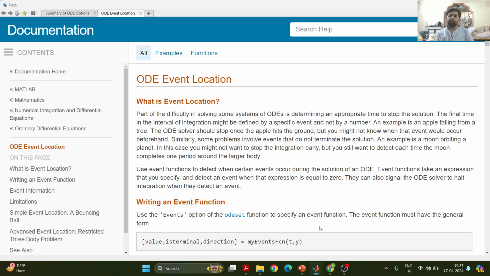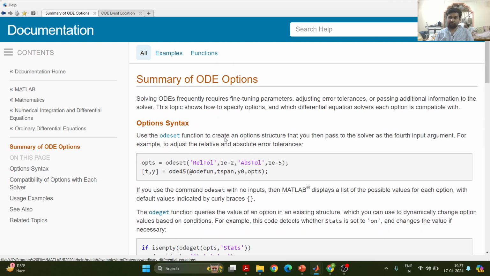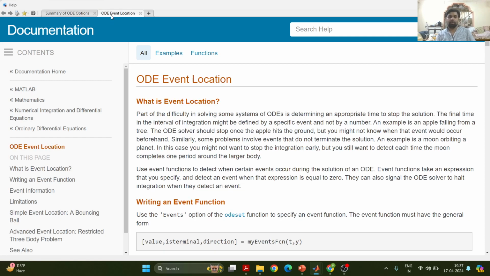In this options part, we include an event function in the option structure: we first create an option structure and then pass this event function to that option structure, and then give it to the solver.